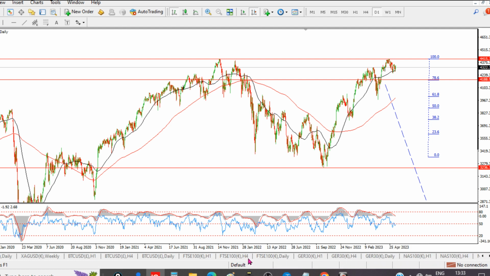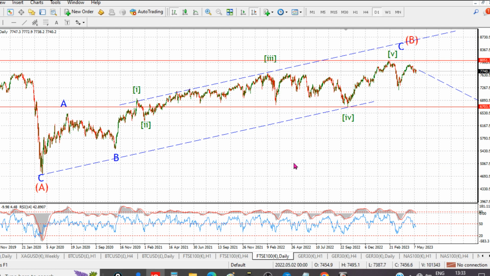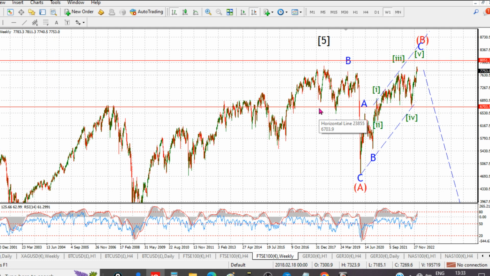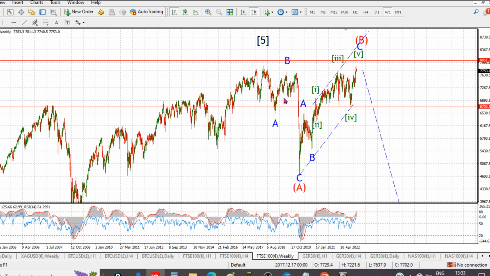What else? I'm going to do the FTSE because it's been plaguing me. Should I get out the weekly count? Maybe. Okay. The secular top for FTSE.